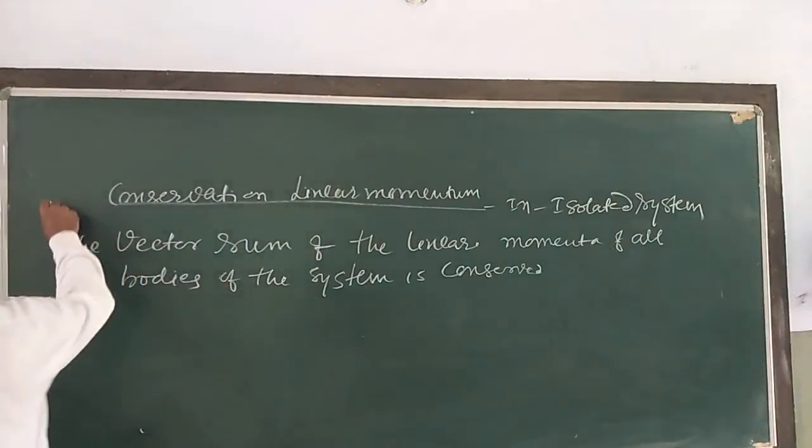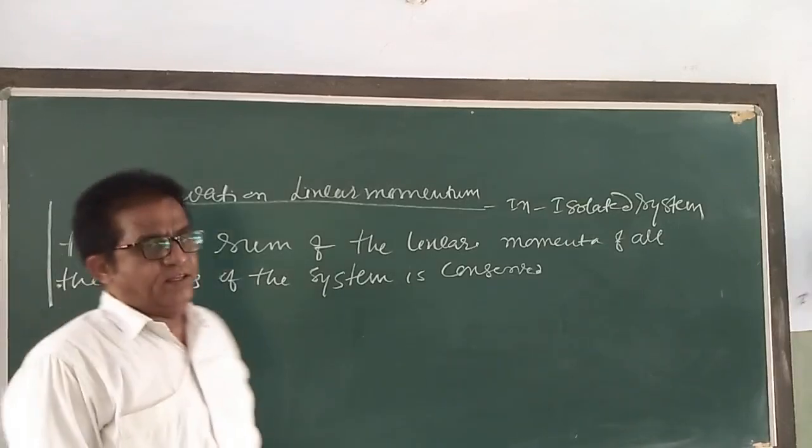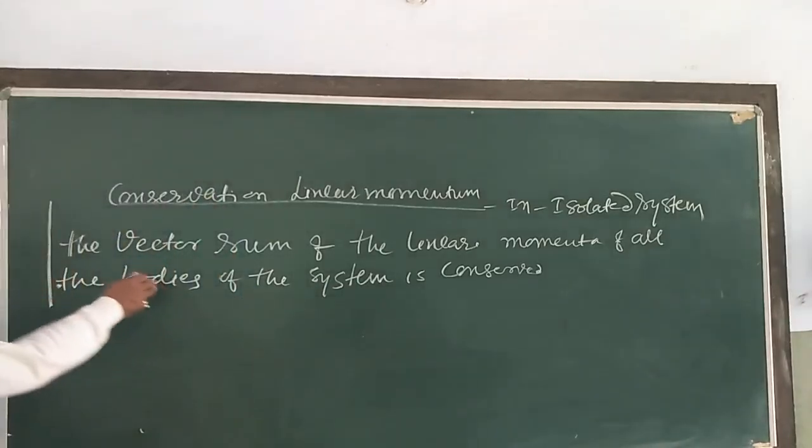So, in an isolated system, mutual forces between the pair of particles in the system can cause momentum change of individual particles. So I can say that total momentum of a system of particles is conserved.